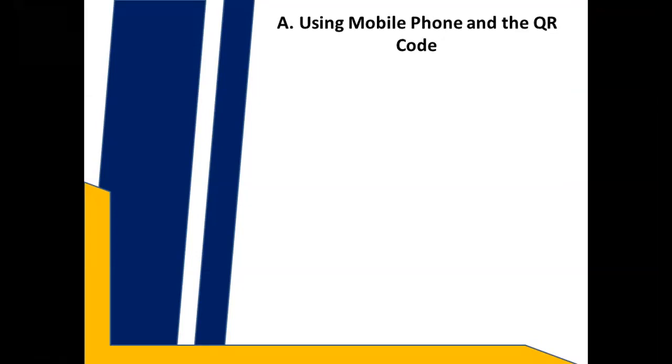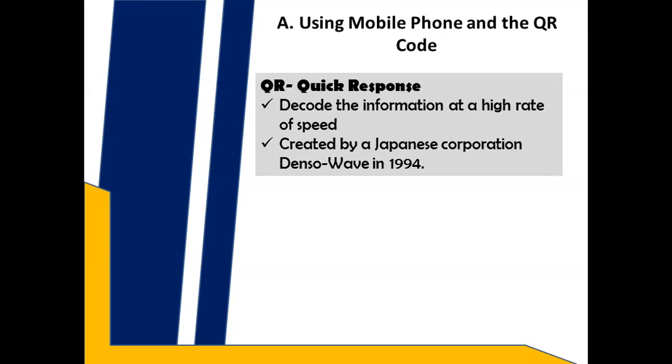It is a code that was created by Japanese corporation Dentsu in 1994, effectively and efficiently connecting the physical world with the electronic world. QR code stands for Quick Response, which allows the readers to decode information at a high rate of speed.